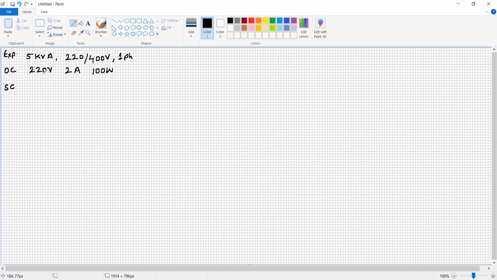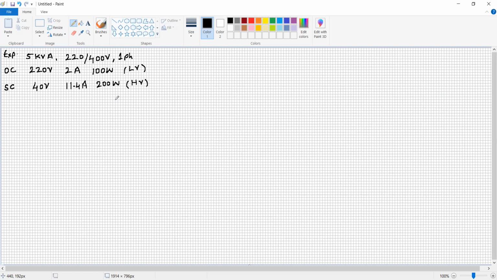Therefore, the rated voltage is 220. Short circuit, it is 40 volt, 11.4 ampere, and 200 watt. It is given that this is the LV side and this is the HV side where the test has been performed.